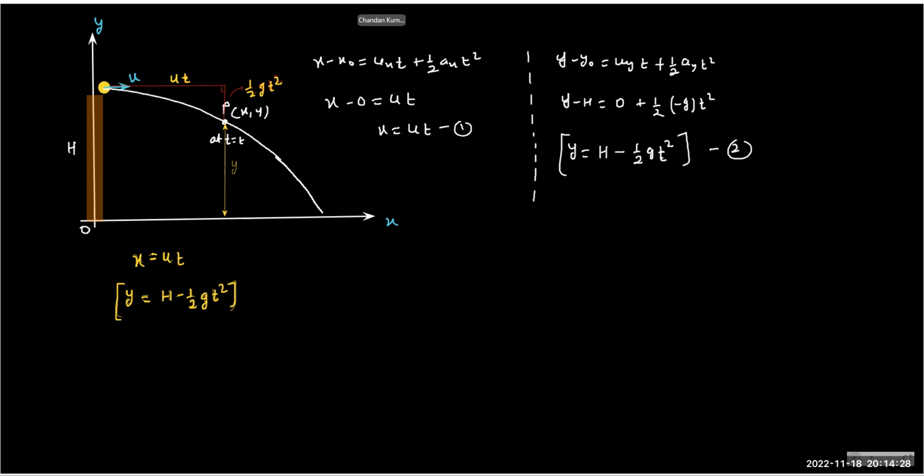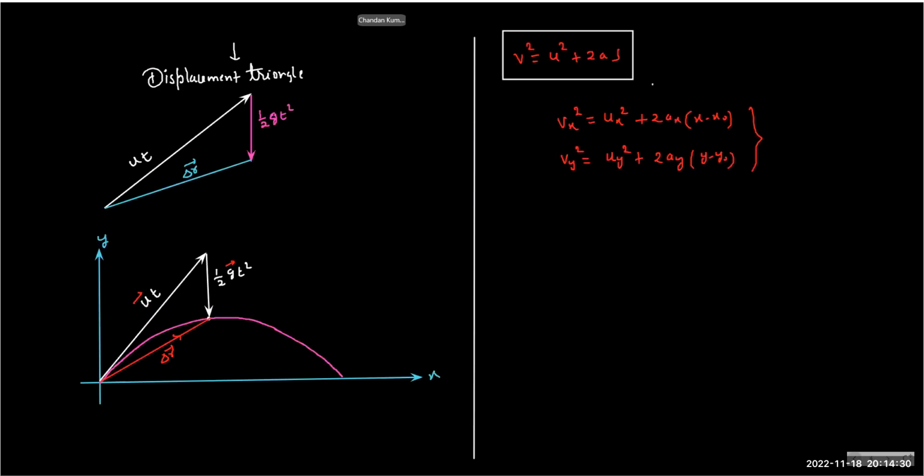Understood? And if you have realized, then what was the purpose of teaching this displacement triangle? Again, I have said it, I have written it, you have seen it, you have listened to it, but none of you have realized. So there is a difference between learning, listening, and realizing the concept. How will the realization come? When you spend time with it.